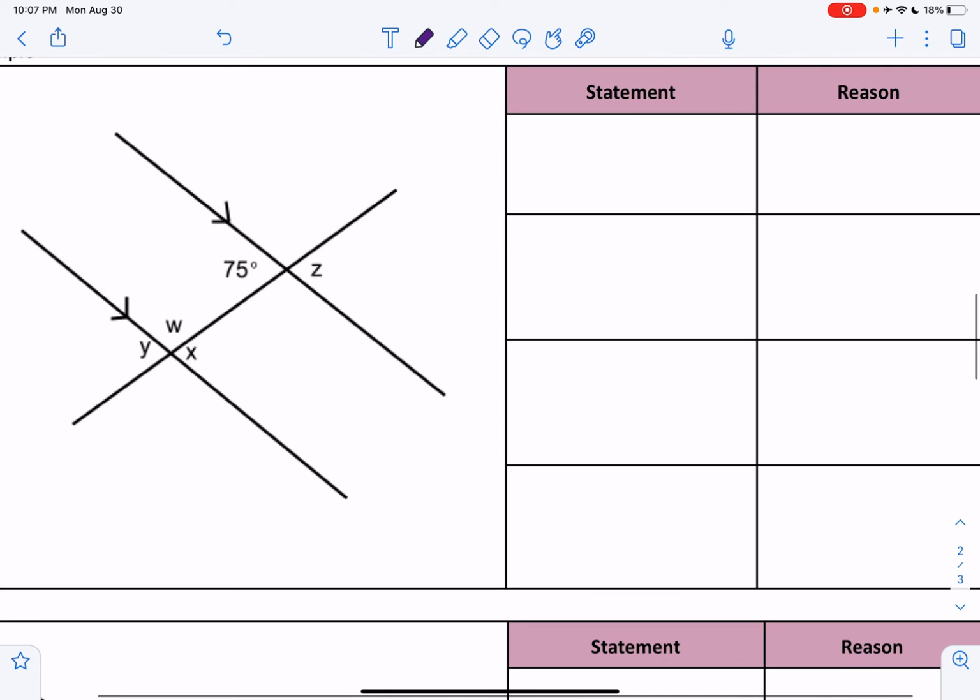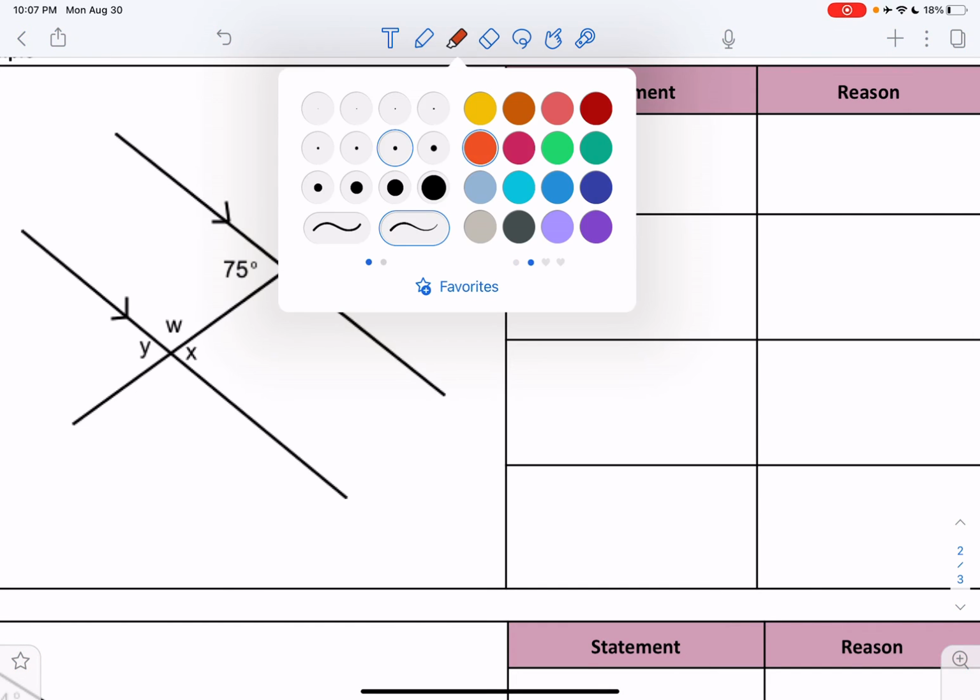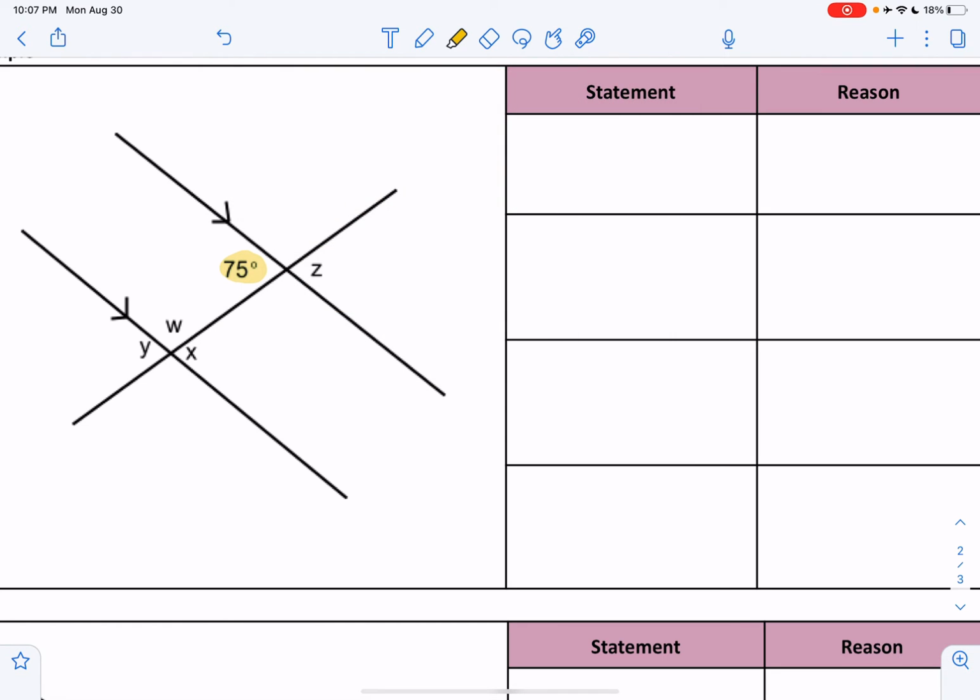The first one here is what's called our opposite angle theorem. If I have two angles that are opposite one another like this, they will also be the same. That should be a review rule, but if not, if I have them across from each other like this, they have to be equal. So if we have 75 over there, Z must also be equal to 75 degrees.